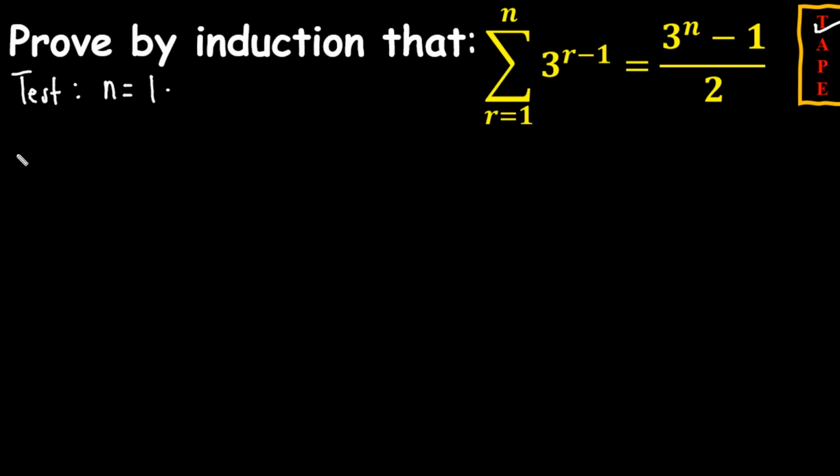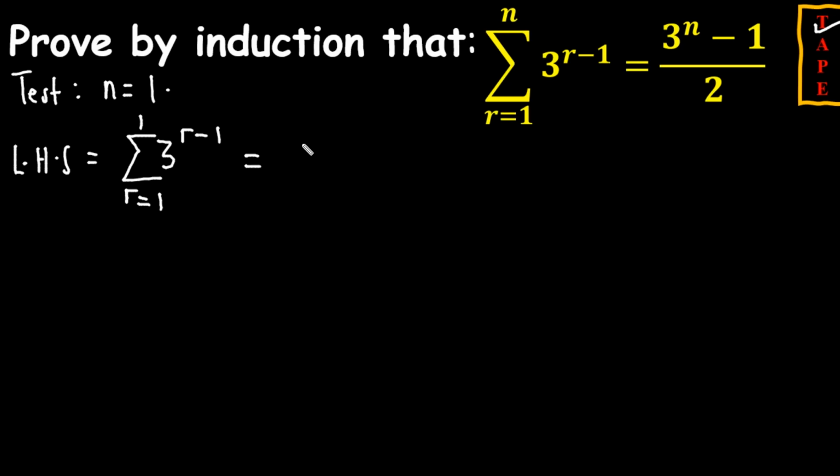Now we are going to begin from the left hand side. This is equal to the summation from r equals 1, remember the value of n is 1, of 3 to the power r minus 1. Where there is r, we substitute a 1.